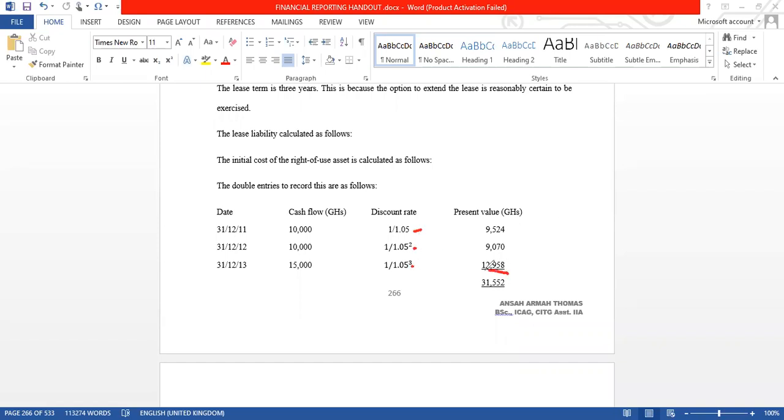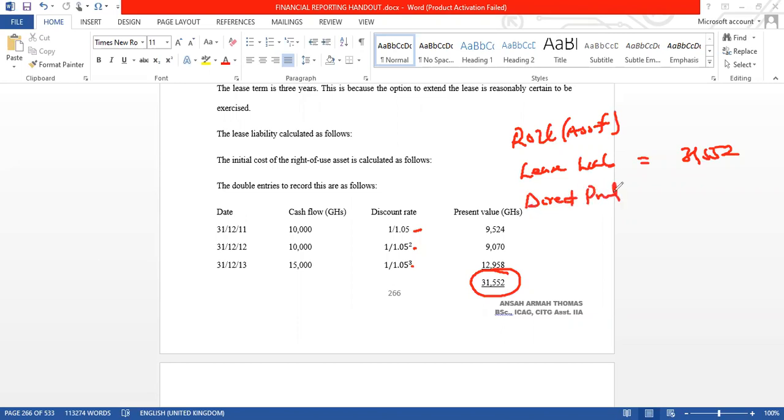So this one becomes your initial measurement of your liability. All right, so if you want the right of use asset, then it is going to start with your lease liability, which is giving us 31,552. The question said that there were some direct payments that were made, which amounted to 3,000 Ghana cedis.